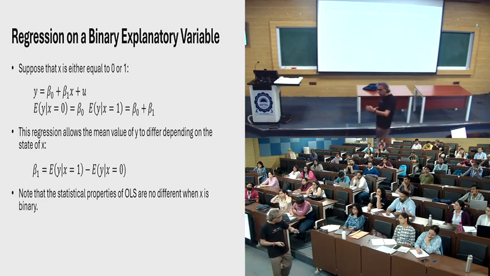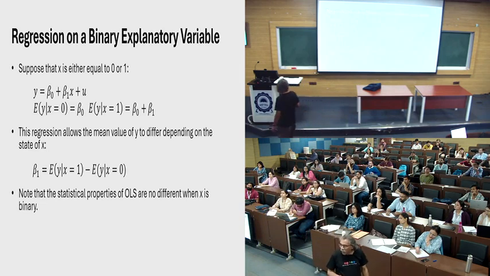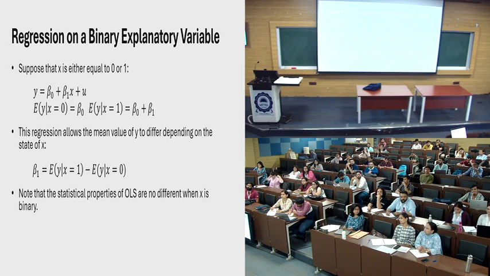I take the difference between the two means and attribute it to the program. So the difference in means, which is beta 1 in our framework, estimates the impact coming from the program being in operation. Very simple, right? So that's how we start.